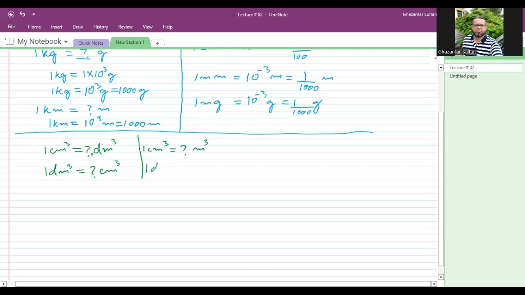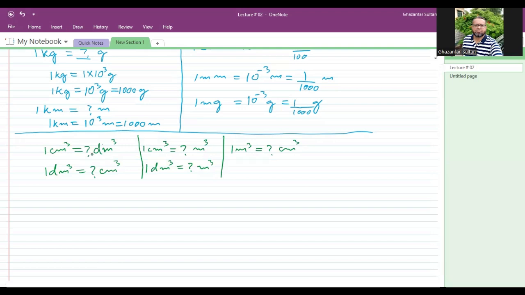Or 1 decimeter cube is equal to how many meter cube, or vice versa, that 1 meter cube is equal to how many centimeter cube? Here it is not so simple as you think. We have different ways to calculate such relationships.